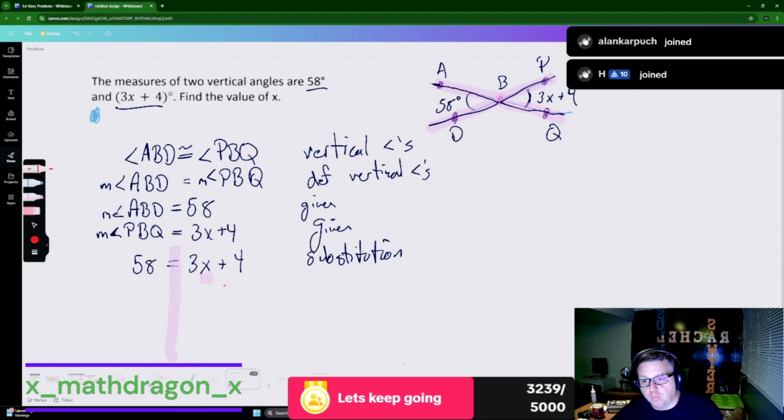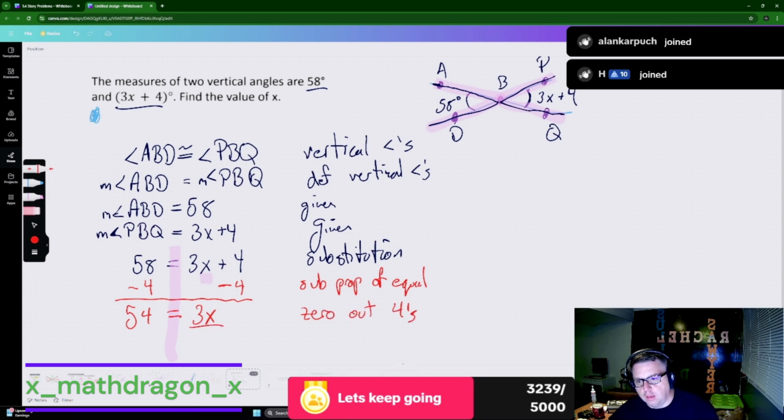All right, so get rid of the 3 and the 4. We're going to get rid of the 4 first. That is subtraction property of equality. And that's going to give us 54 equals 3x because we zero out the 4's. And then we're going to do the division property of equality.